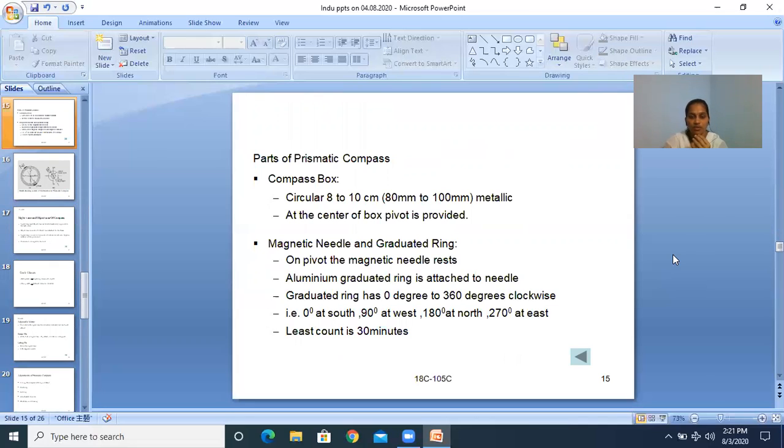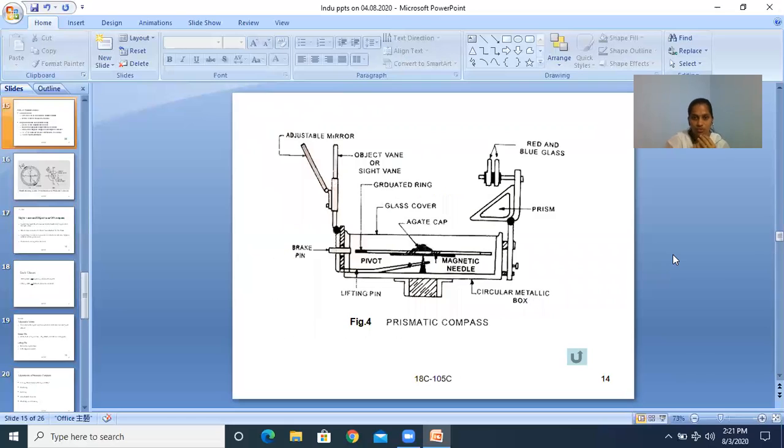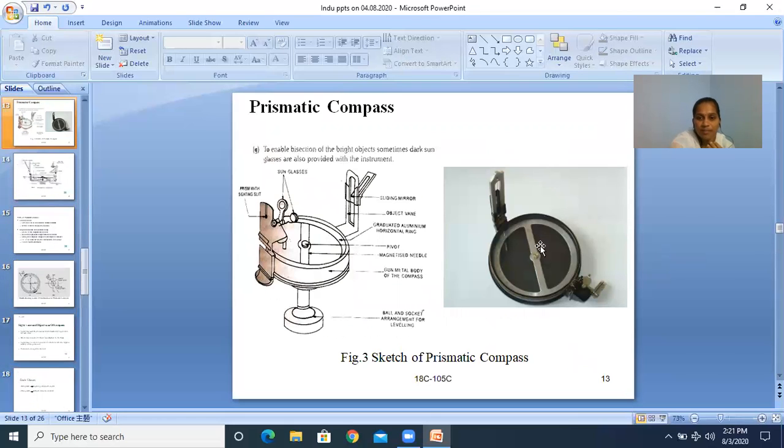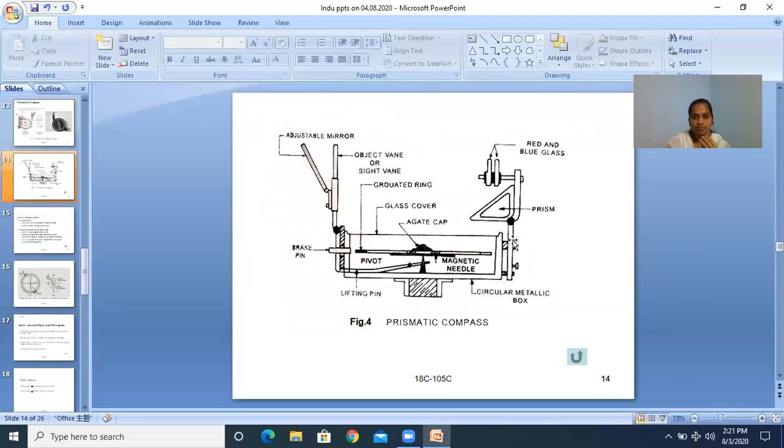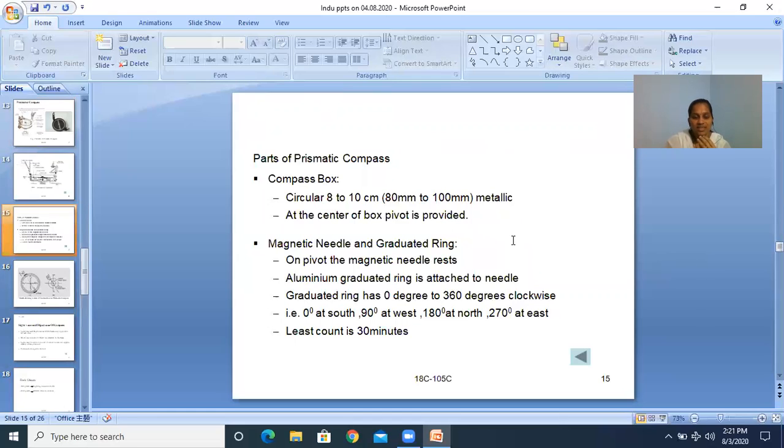The first and foremost part is the compass box. So this is the compass box. It is a circular metallic box, 8 to 10 centimeters, that is 80 to 100 mm in diameter.